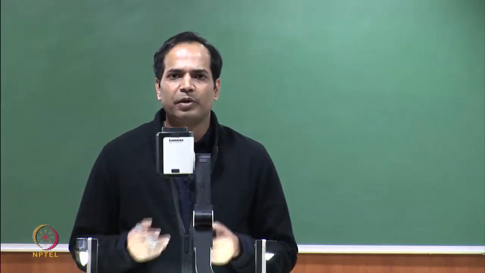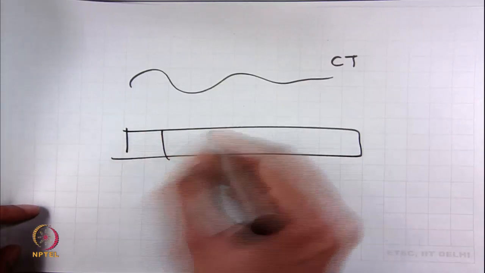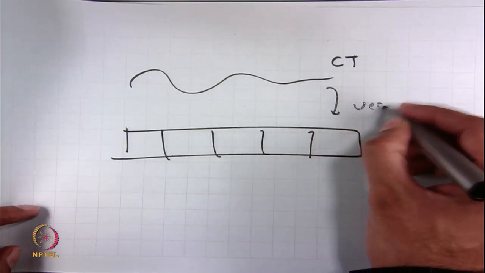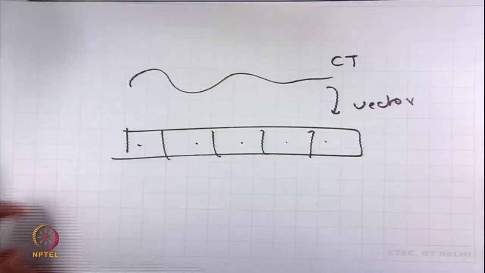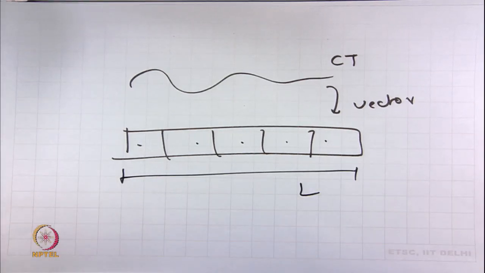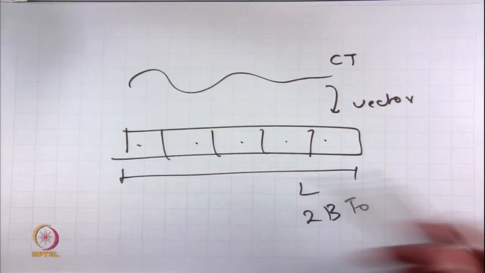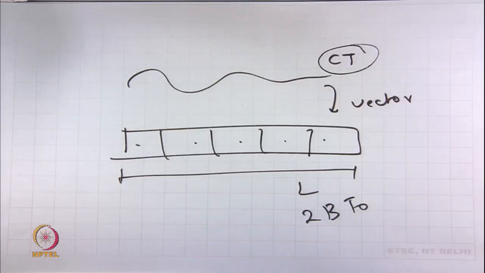What is the degree of freedom? The degree of freedom, as we have introduced before, is just the length of the array that you would require to represent a continuous time signal. Let me introduce that again. If you have a continuous time signal, we have said several times that we can convert this into a vector or an array, where certain real numbers fill in, and the length of this array or vector would be 2 B T naught, where B is the bandwidth of this continuous time signal and T naught is its duration.